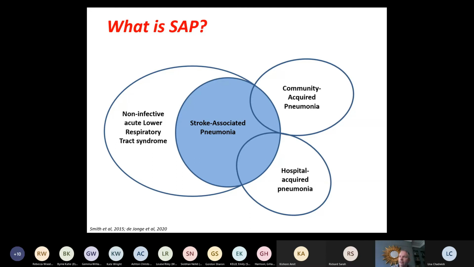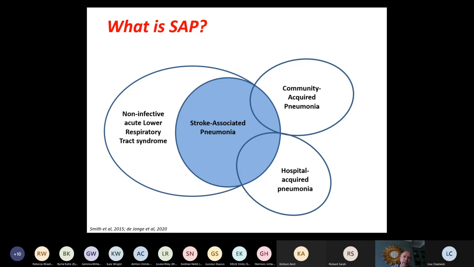So what we do know is that community-acquired pneumonia, or pneumonia occurring before the stroke onset when people are out in the community, is fairly common. And in fact, around 20% of people presenting with a stroke will have had a history suggestive of a chest infection or pneumonia.